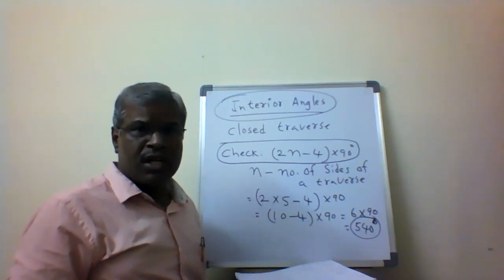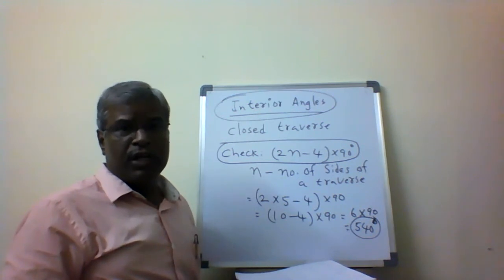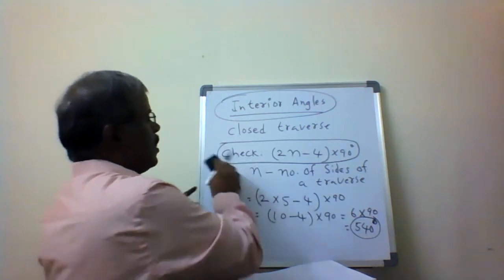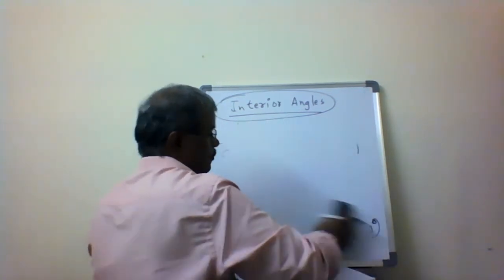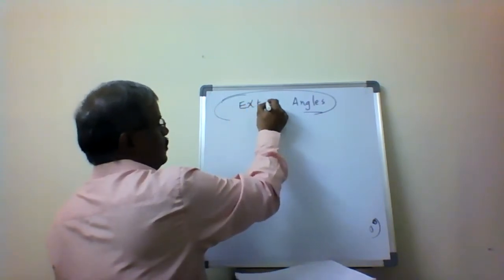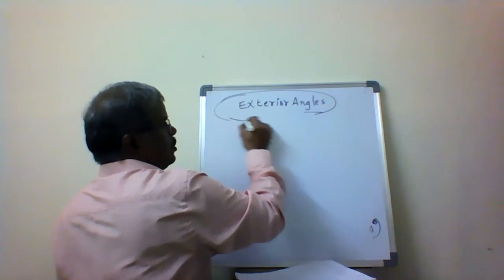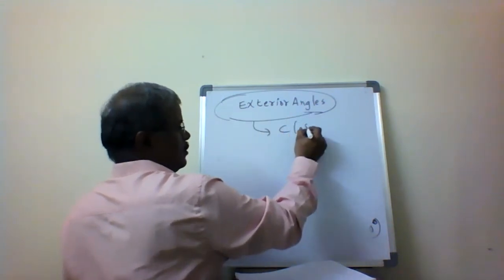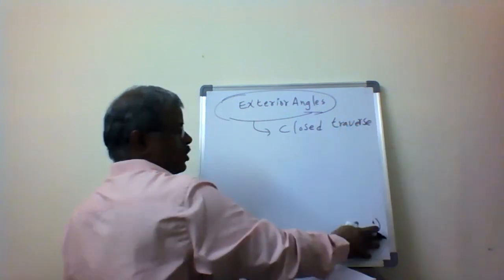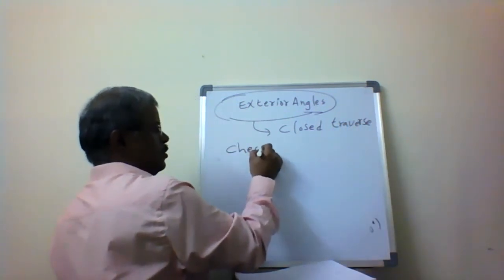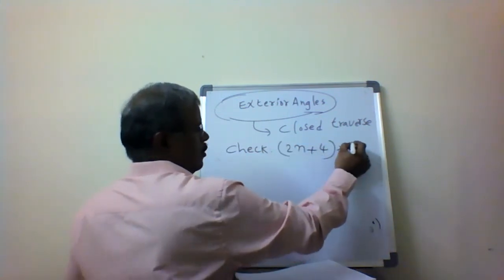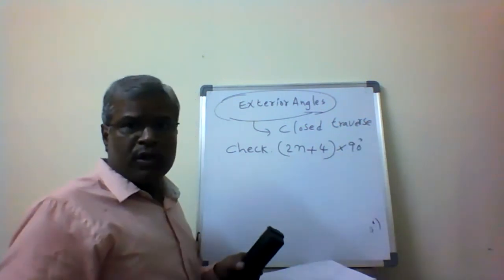Sometimes if you go for the exterior angles, then the check is going to be different. For interior or include angles, the check is 2n minus 4 right angles. And for the exterior angles of a closed traverse, the check is 2n plus 4 right angles.